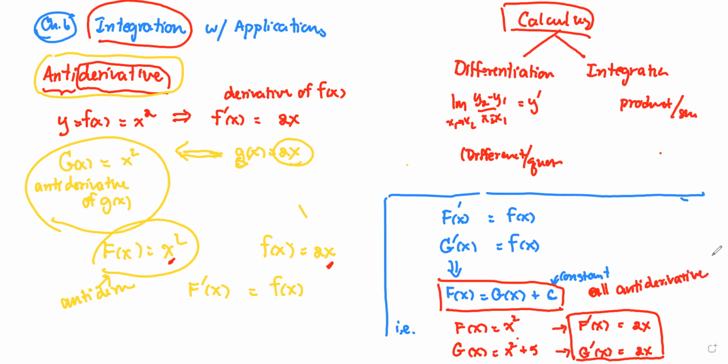Okay, now let's see an example. Hopefully you can see a better picture of it. For the first one, we're gonna show that the uppercase function F is x to the third plus x to the second plus 50, and the uppercase G is x to the third plus x squared minus 80.